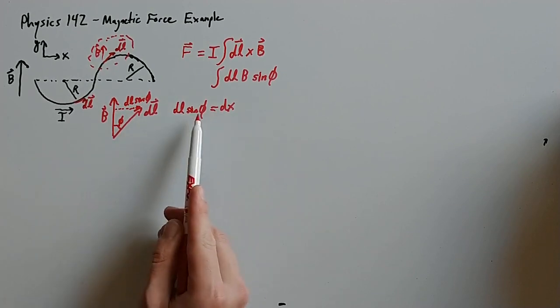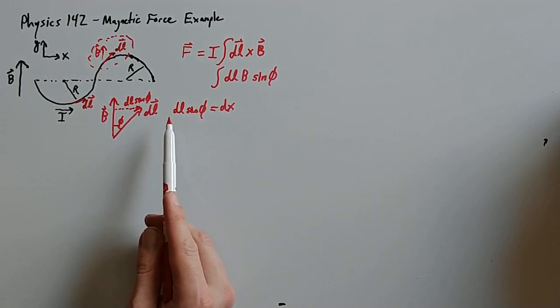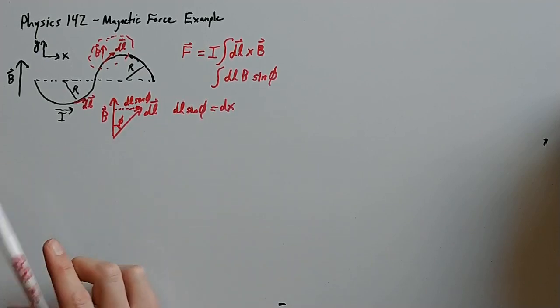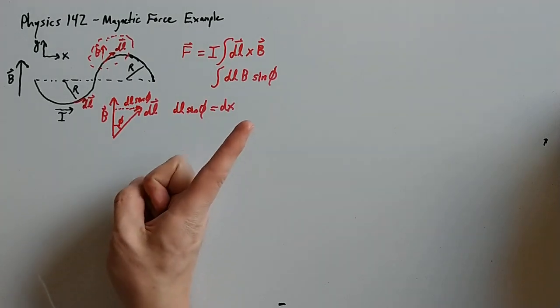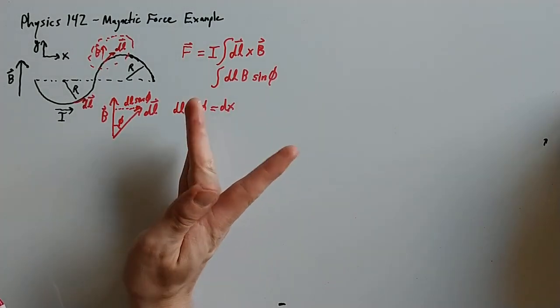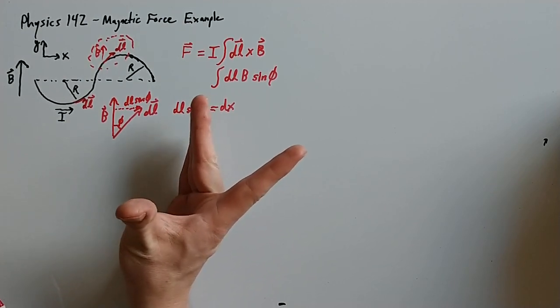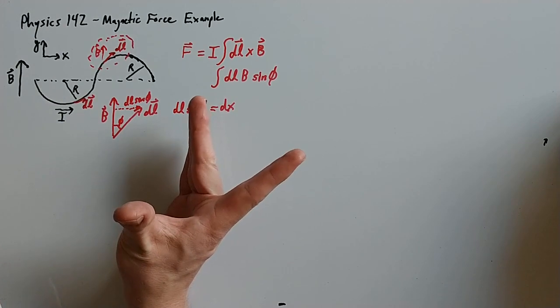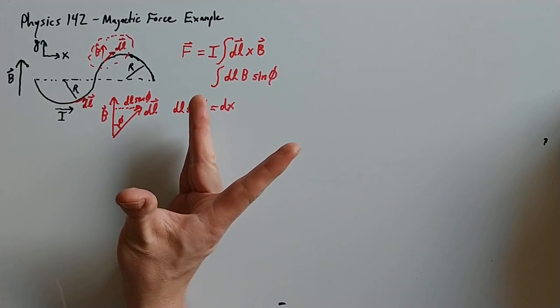But that's only part of the cross product, right? We also need to think about the direction. So to think about the direction, remember, we need to do the right-hand rule. The right-hand rule says that I need to point my pointer finger along the direction of dl, curl my other fingers in the direction of B, and the answer you get is the direction your thumb points, and my thumb is pointing here towards the camera, or out of the page, right?